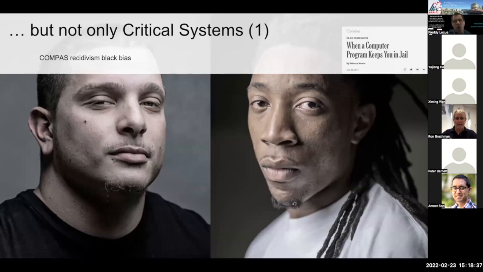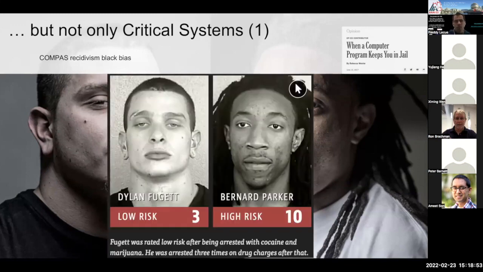But it's not only critical systems, so systems deployed on infrastructure that operates live. It's also software that analyzes data, and here is the COMPAS use case that you may have heard a lot about, the recidivism bias that the system had. Here, the example was trained on historical data, where the data was not properly balanced or properly collected.